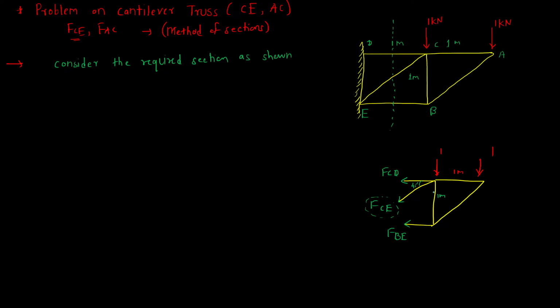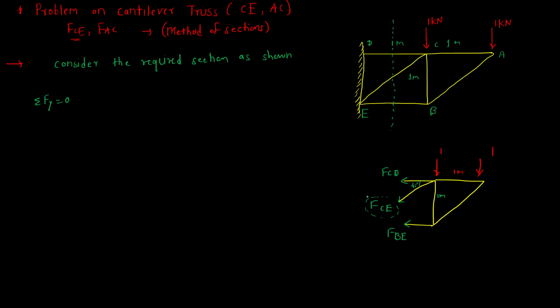In this diagram I will be applying the equilibrium conditions. I will use the simple equilibrium equation, sigma Fy equal to 0. As you can see, FCD and FBE are both horizontal forces, so they have no vertical component.